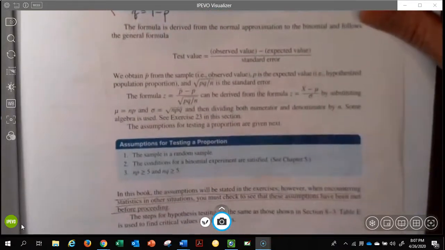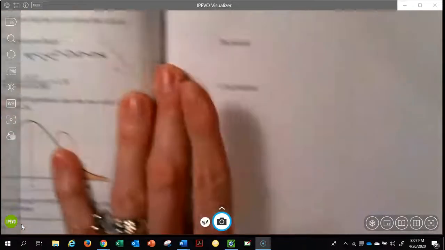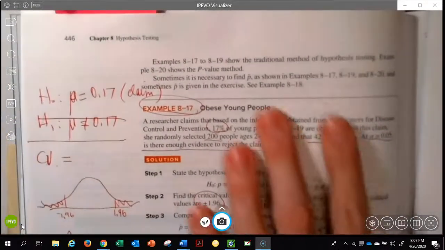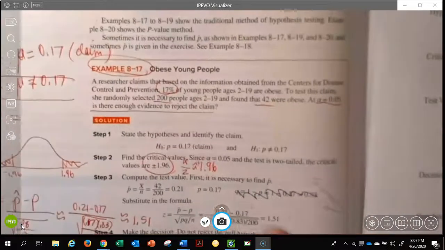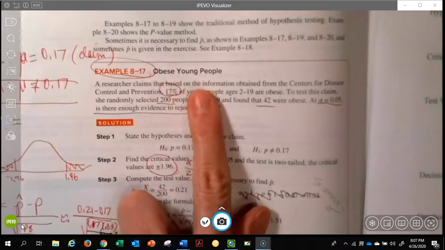Down here at the bottom, assumptions are going to be stated. I've already talked to you about that, and you have to check to make sure that they've been met. But in our book, they're going to be met. They're going to take care of that for us. So you see I've got a whole lot of scribbles going on here, and then the first question is example 8-17, obese young people.